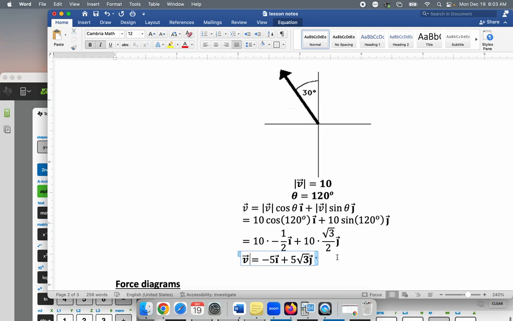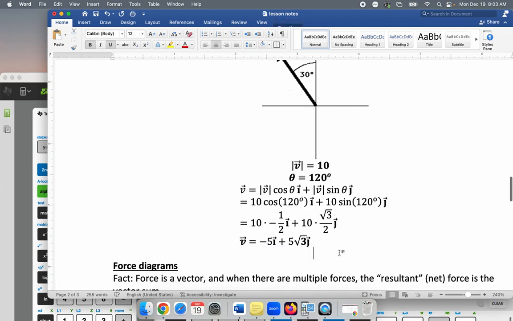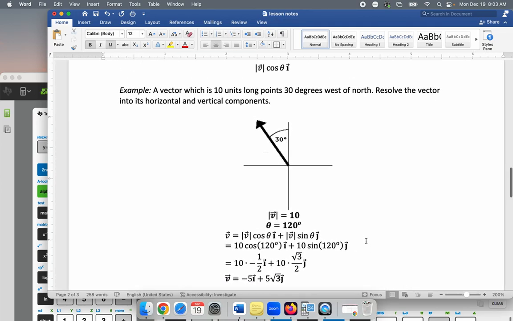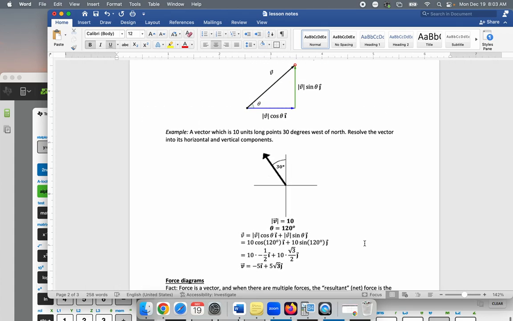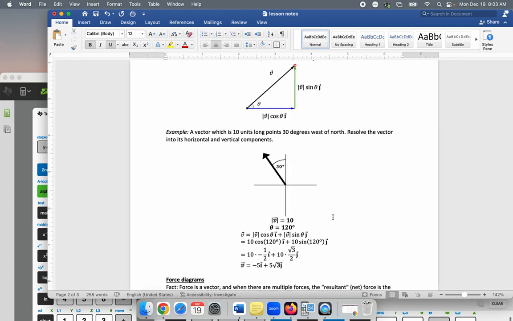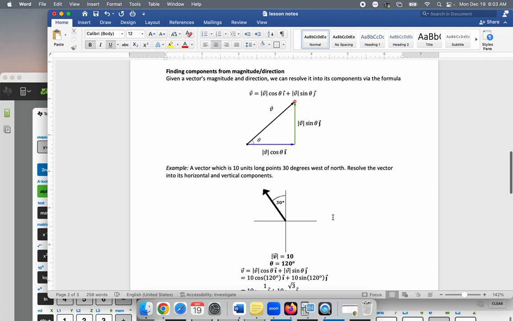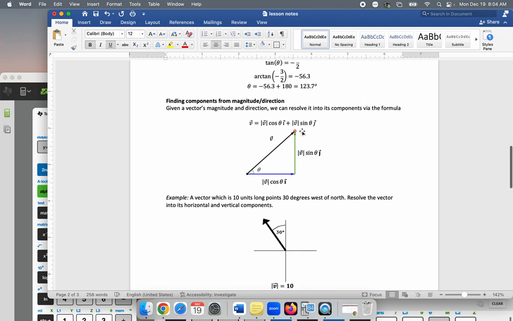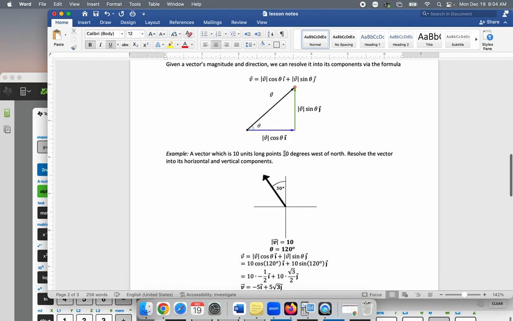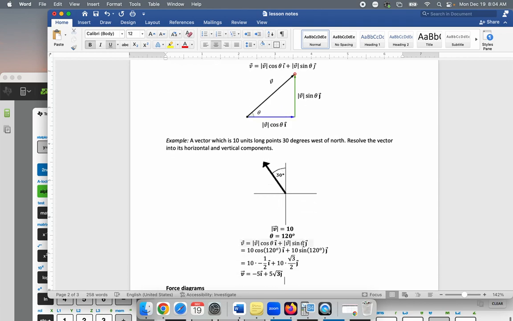So that's converting between magnitude and direction versus horizontal and vertical. I want to be clear though. Although you can switch back and forth between these two forms, I want to emphasize that the i and j form, the horizontal and vertical form, is really the natural way in which we write vectors.